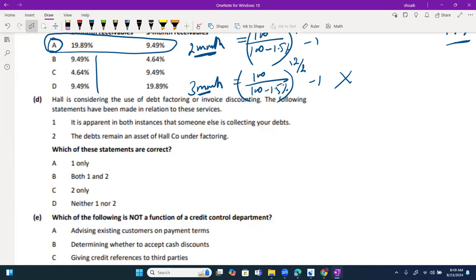The debt remains an asset of the company under factoring. No. If you sold the debt to the other party and the arrangement is without recourse, that means the debt is not your asset. So both of the statements are incorrect.